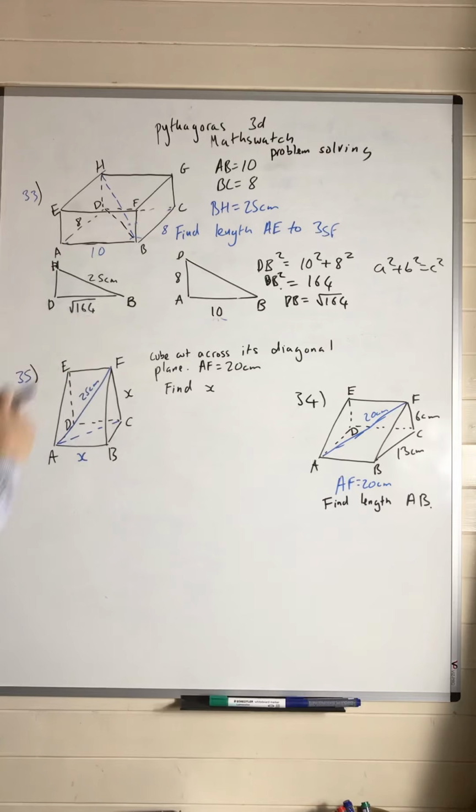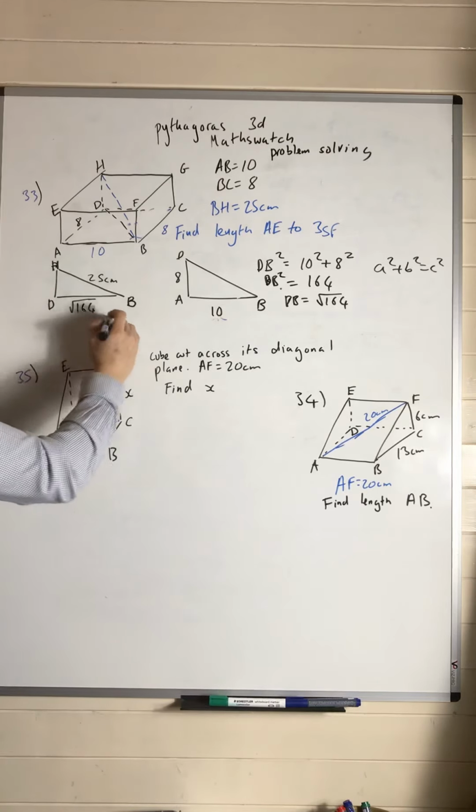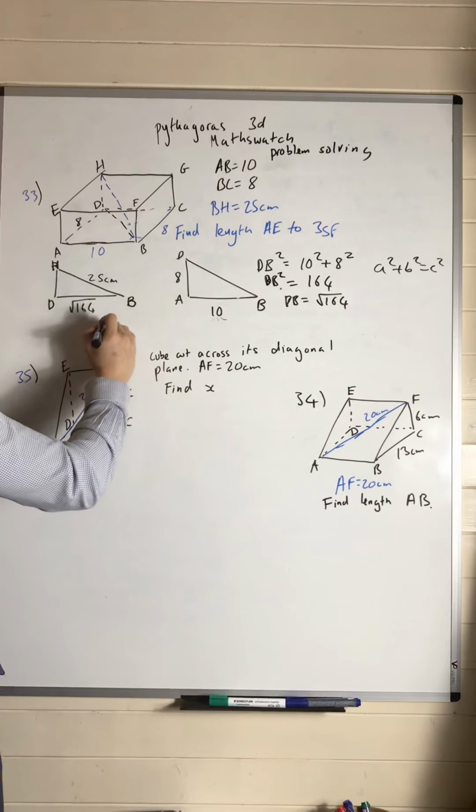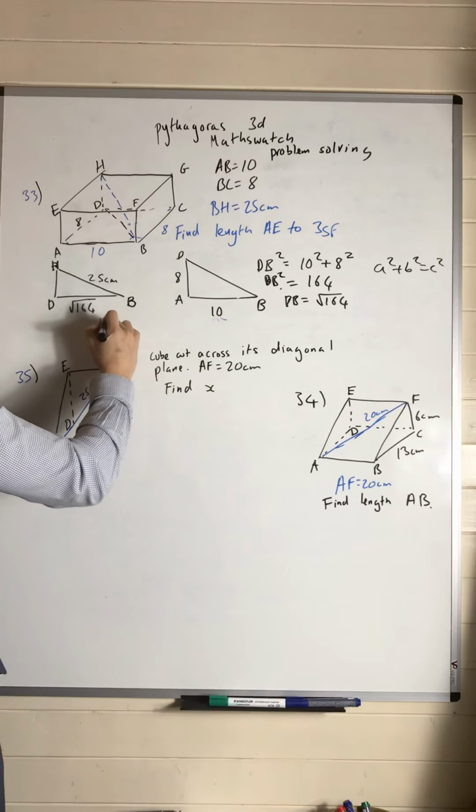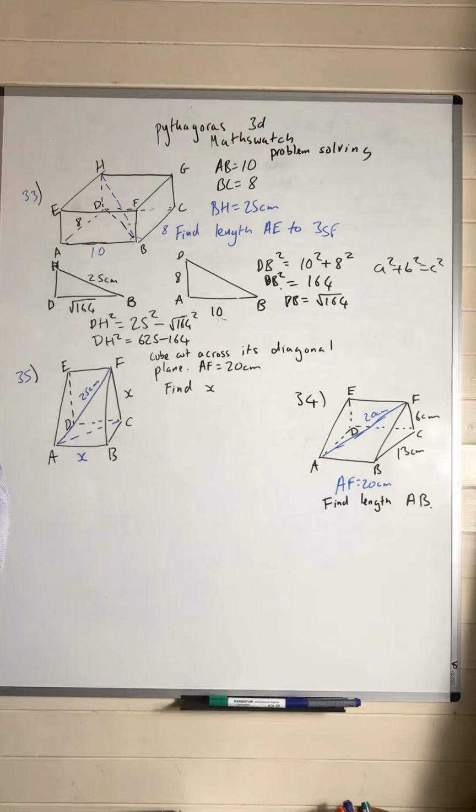At this stage, we know HD, because it's finding the shorter side, we can subtract the two squares. So DH squared will equal 25 squared minus the square root of 164 all squared. So DH squared is going to equal 625 minus 164.